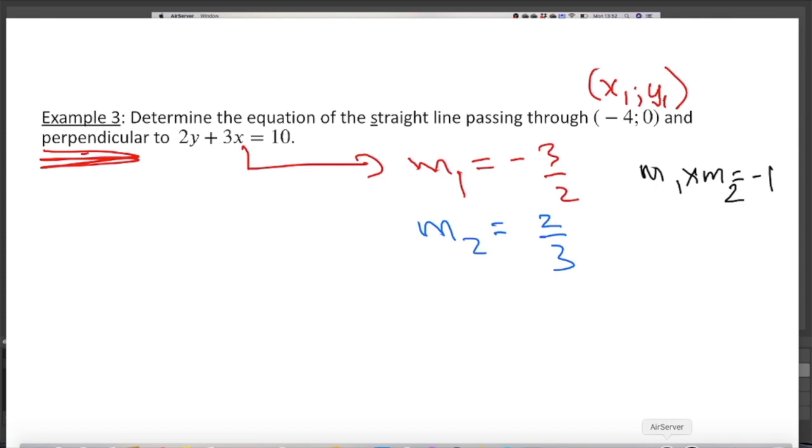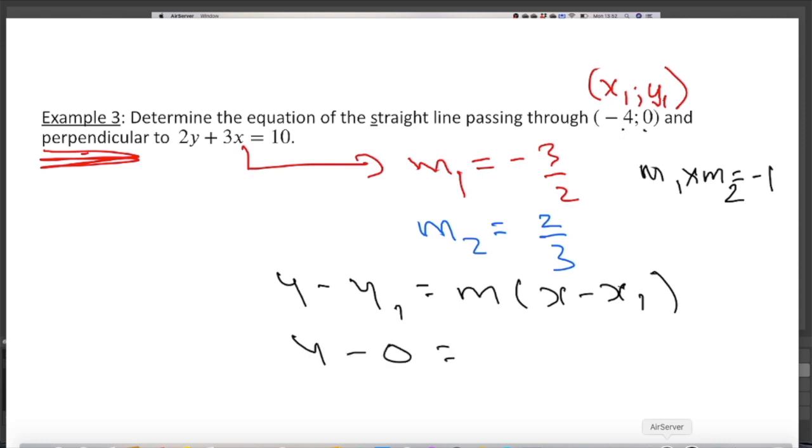Okay, so there we are. We know the gradient, and we know x1, and we know y1. So we can just substitute into that. So we are using y minus y1 is equal to m brackets x minus x1. And that gives us y minus y1, which is 0. M is 2/3 this time.